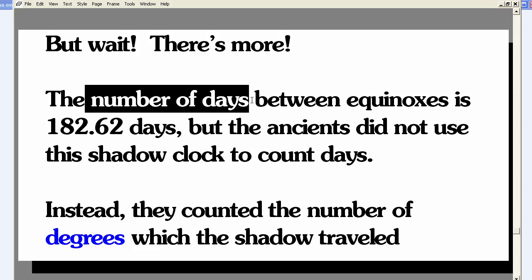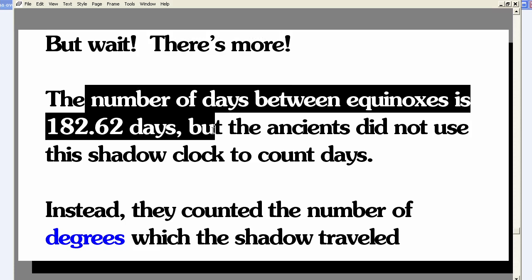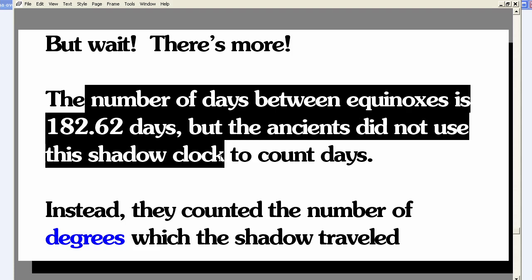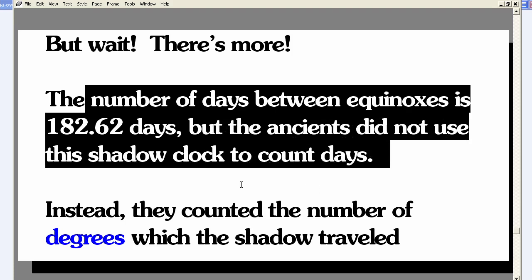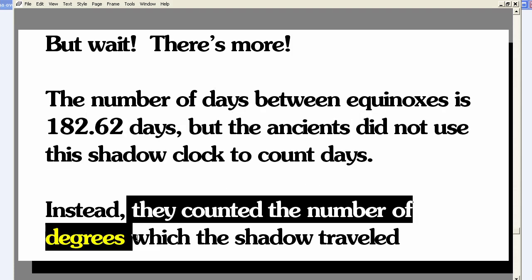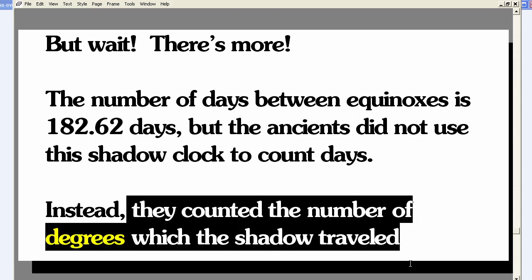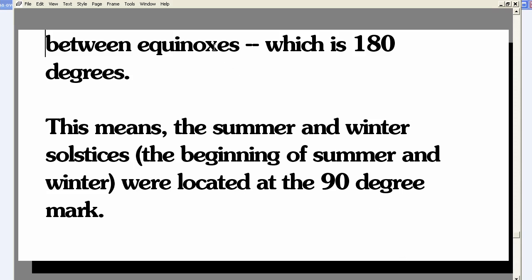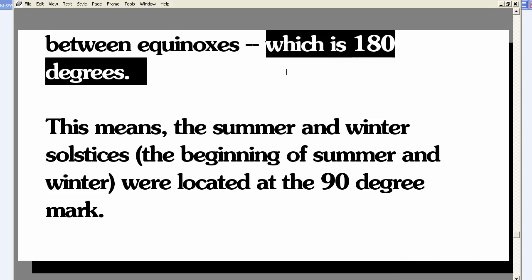The number of days between equinoxes is 182.62 days. But the ancients did not use this shadow clock to count days. Instead, they counted the number of degrees which the shadow traveled between equinoxes, which is 180 degrees.